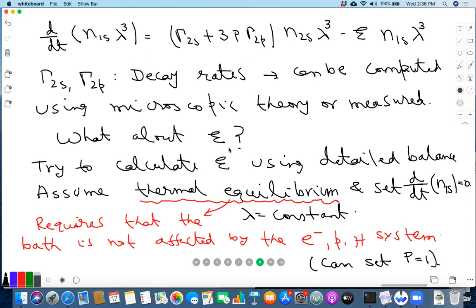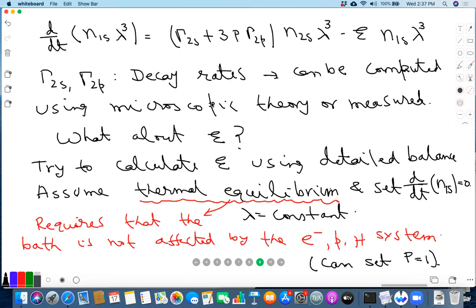But in thermal equilibrium, when you are keeping the system in equilibrium by being in contact with the bath, the different components of the system do not affect each other, because that would be something happening out of equilibrium. So in equilibrium, we simply ignore it and set P equal to 1. We say the system is so dilute that producing a photon has no effect on the photon itself.